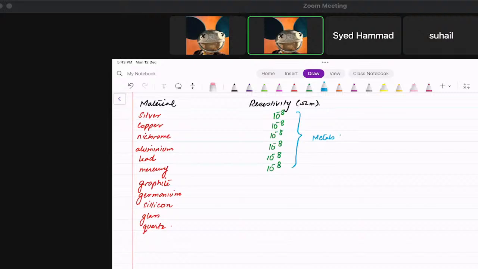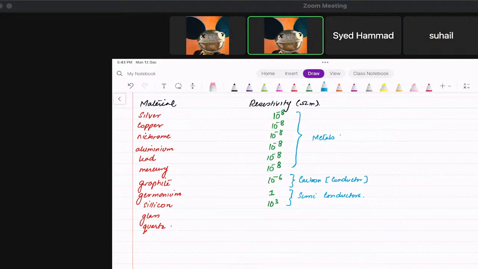Then graphite is carbon, but it's a conductor, so for this one it is 10 raised to power minus 6. Germanium and silicon are semiconductors. Germanium is 1 and silicon is 10 raised to power 3. You just need to know order of magnitude, that's all.